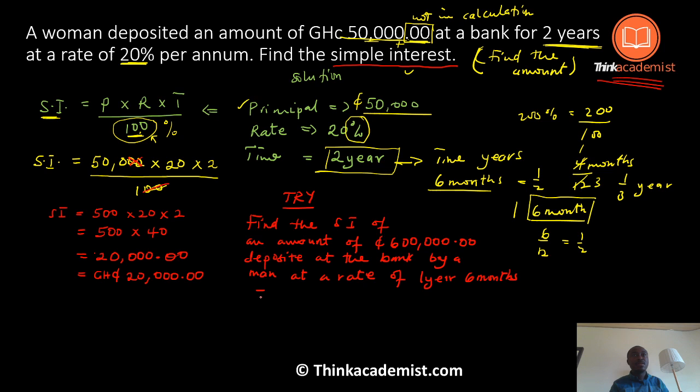Sorry, the rate should come before, at the rate of, let me clean that quickly, at a rate of 15%, then now the years can come, for 1 year 6 months.